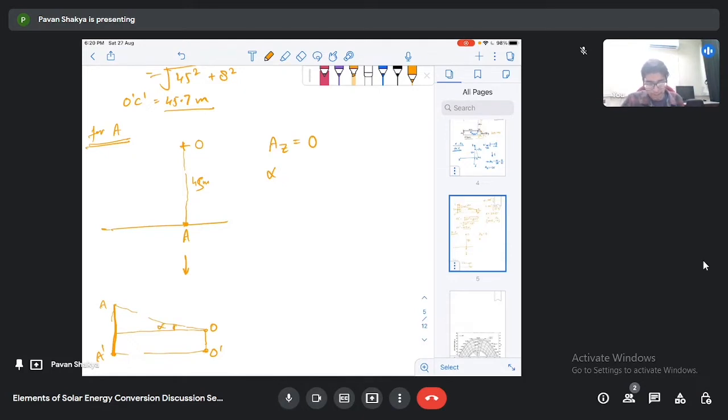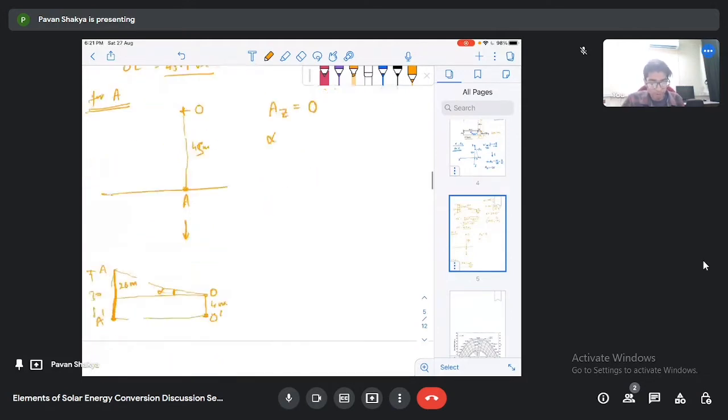Okay. This height of the building is given as 30 meter total. Okay, this one is given 4 meters, so this one will be 26 meter. The distance between the A prime and O prime is given directly in the problem as 45 meter. Okay, so when you solve this, you will find that alpha is equal to tan inverse.